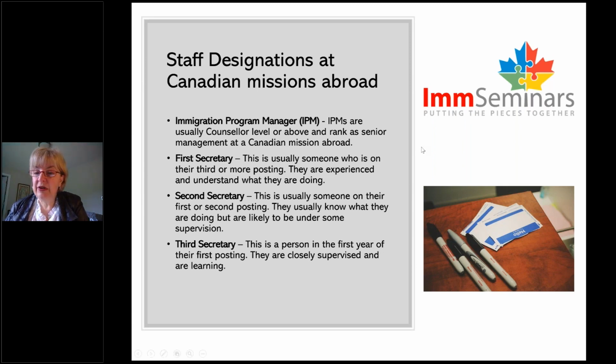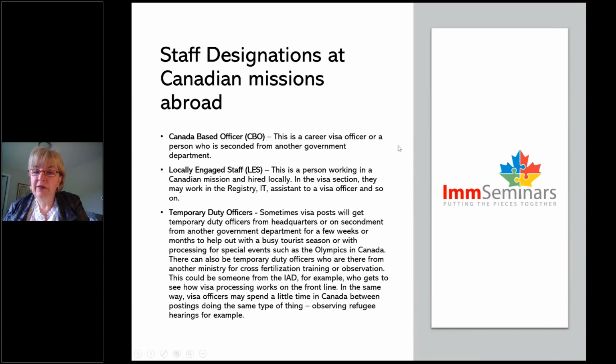The third secretary is not likely to be supervising anyone except for their processing assistant if they have one. So there are a number of additional staff designations at Canadian missions abroad amongst the immigration members. So there's a Canada-based officer, or CBO. This is usually a career visa officer or a person who is seconded from another government department.